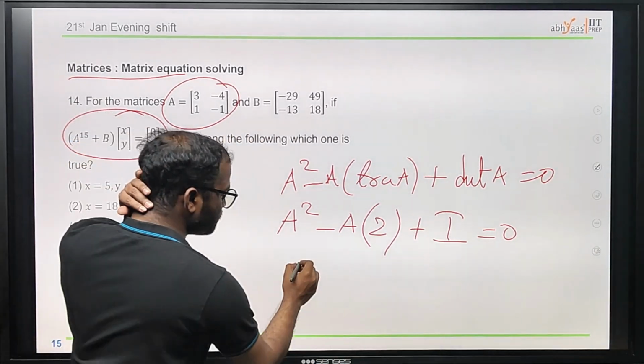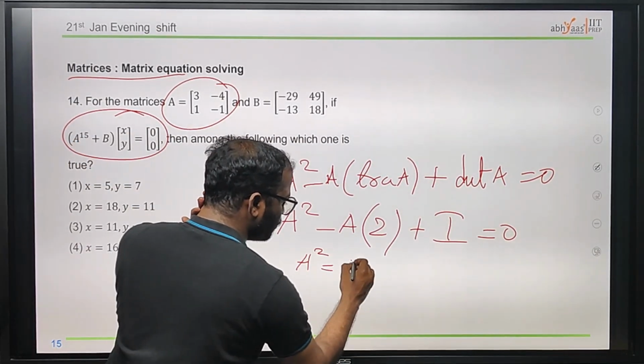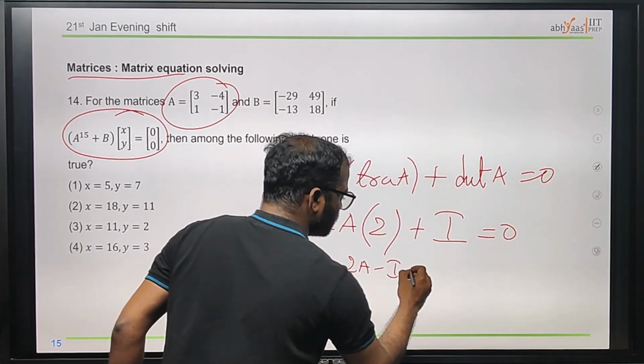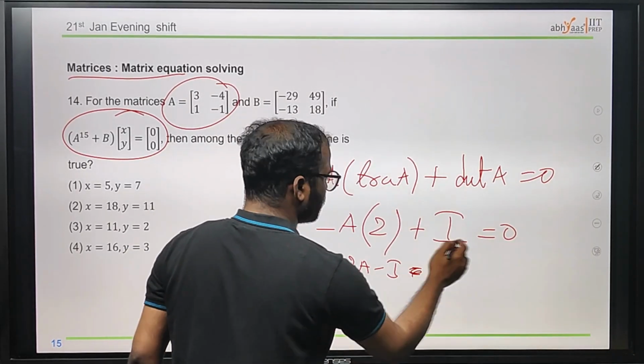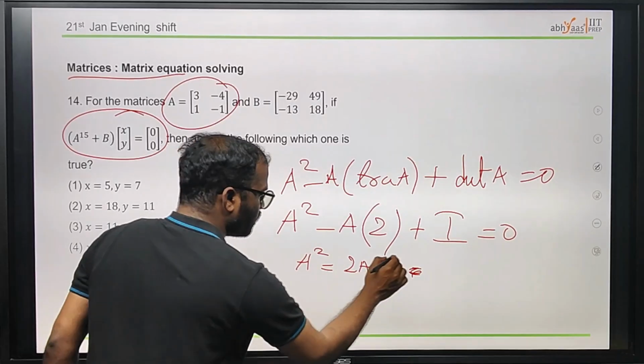Now we got A square, just make it A square is equal to 2A minus I. I hope you understood what I said.